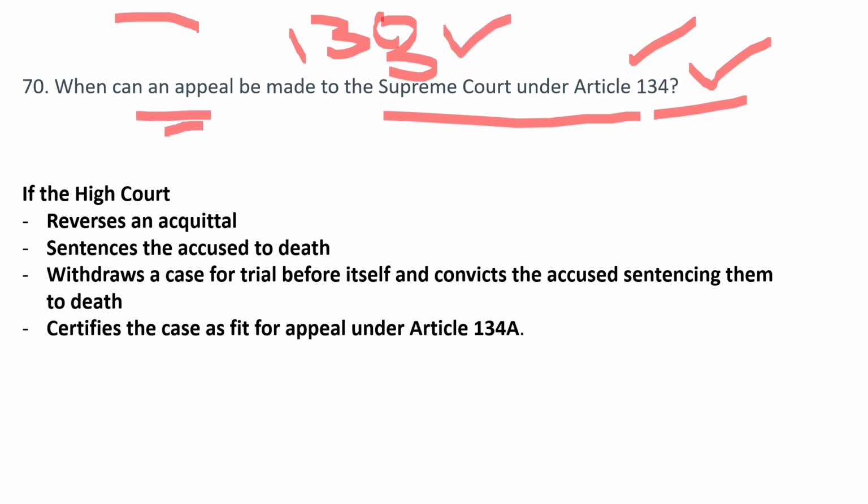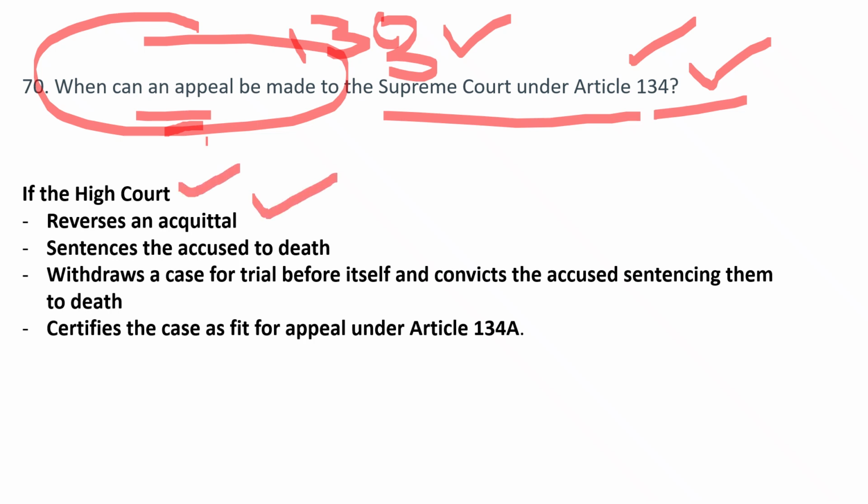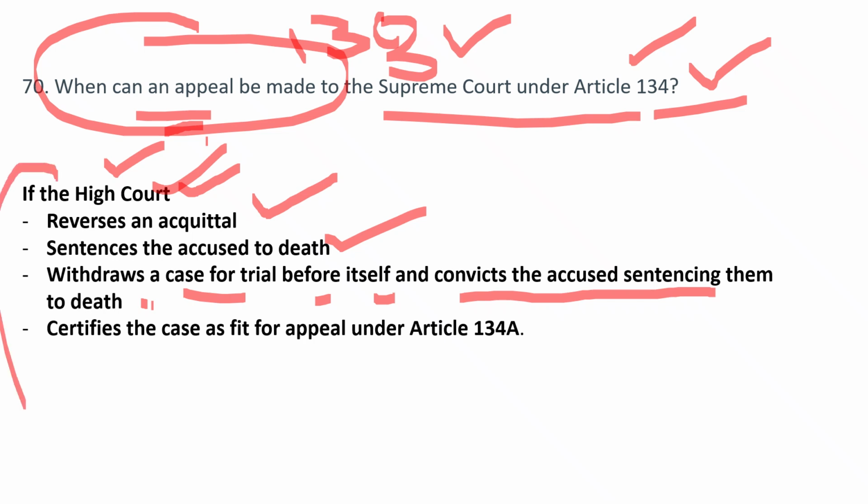The answer is: if the High Court reverses an acquittal, or sentences the accused to death, or withdraws a case for trial before itself and convicts the accused, sentencing to death, or if the High Court certifies the case as fit for appeal under Article 134. In such cases, the appeal can be made to the Supreme Court in criminal cases under Article 134. Next question.